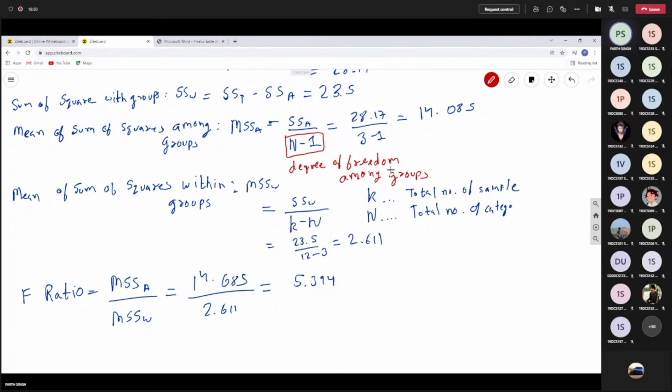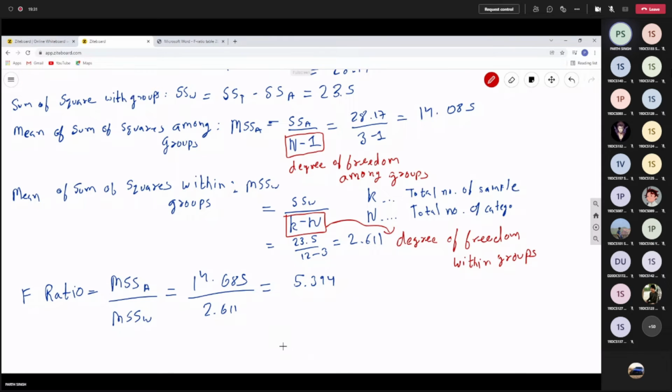And one more thing, I forgot to say that this value is also called degree of freedom within groups. So this is what we call degree of freedom within groups and degree of freedom among groups.